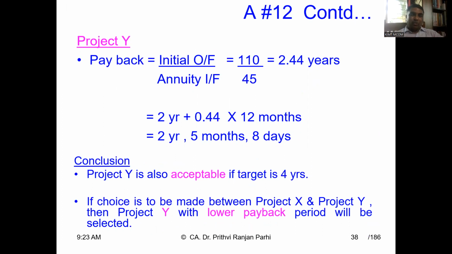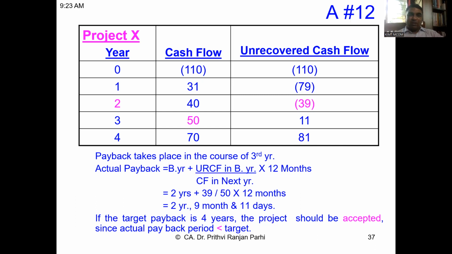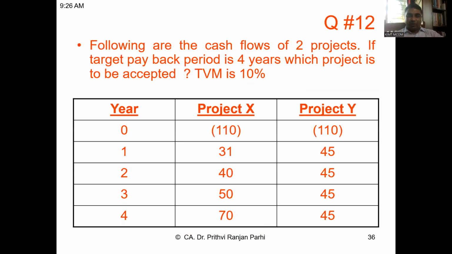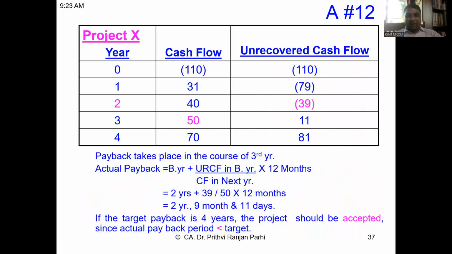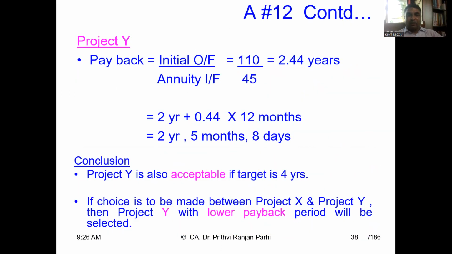So project Y is also acceptable, because the question says the target payback period is 4 years. In both cases, we are generating positive cash flow earlier than 4 years. But comparing X and Y, Y has the lower payback period, so Y should be selected. This is how, by applying this method, one selects a project.